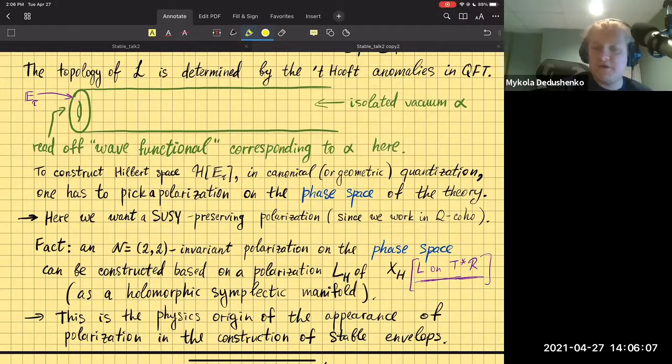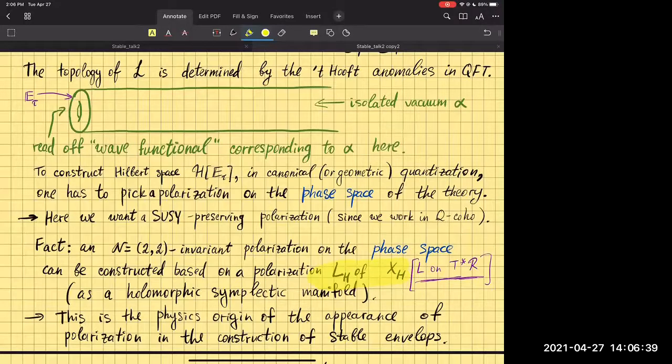But if you want to do it in the N=2 preserving way, it turns out that for fields that correspond to this polarization on the holomorphic symplectic manifold X_H, for them you fix their boundary values. And for the fields that correspond to orthogonal directions on X_H, you fix the normal derivative at the boundary. Oh, okay. So it's more like replacing the need to have some sort of Lagrangian, right?